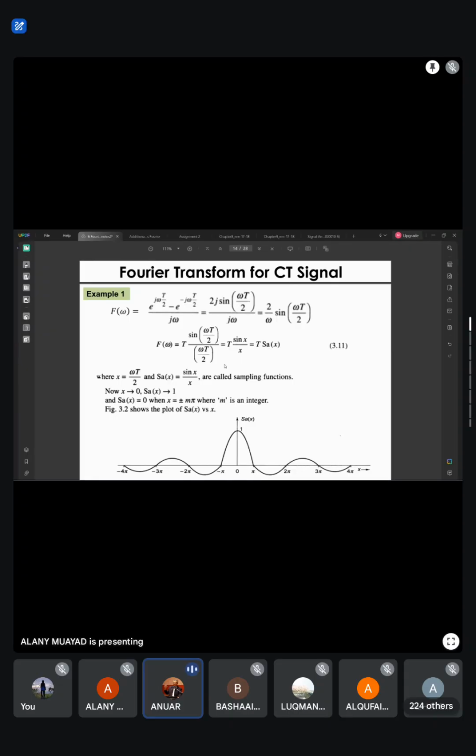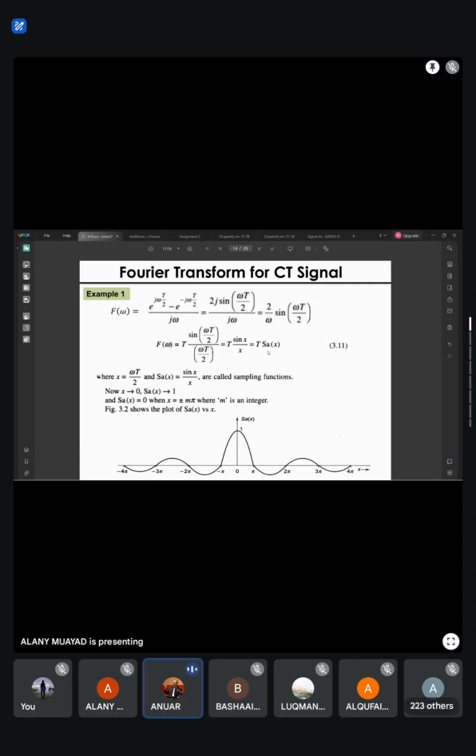The one below is the frequency signal. Like I mentioned just now, in my question you don't have to draw the magnitude and phase. So your answer will be until T times sine x over x.